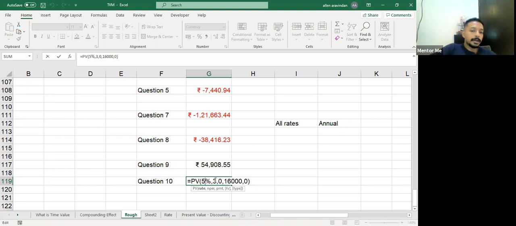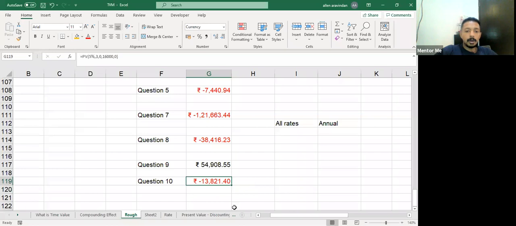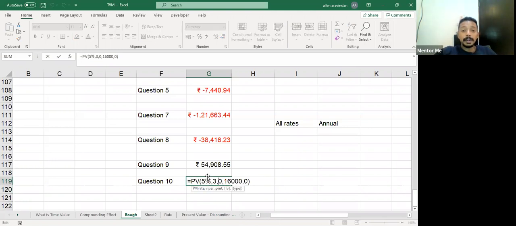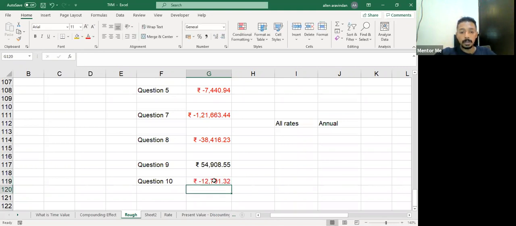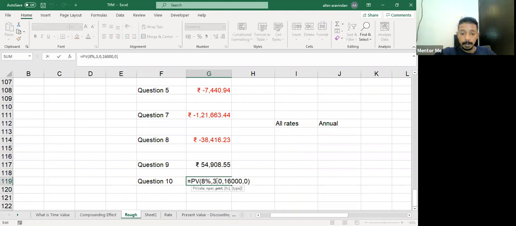Let's say 13,821 is the value of 16,000 which I will receive after 3 years, right? What if I change the rate of interest? If I take, instead of 5, just increase it by 3%, let's see what happens to the value. It decreased by almost 1,000 rupees in a matter of just 3 years. We're not talking about 20 years. If I change the N per from 3 to 6, look at the effect, what happens.